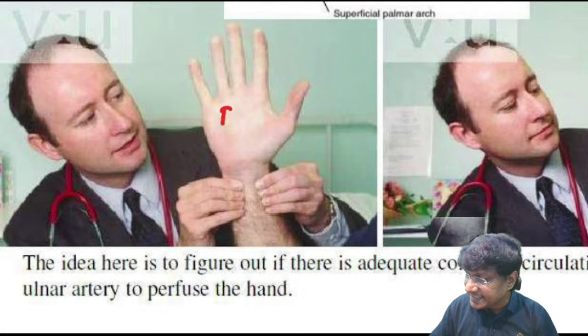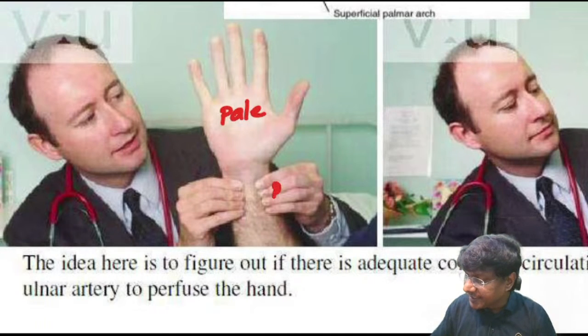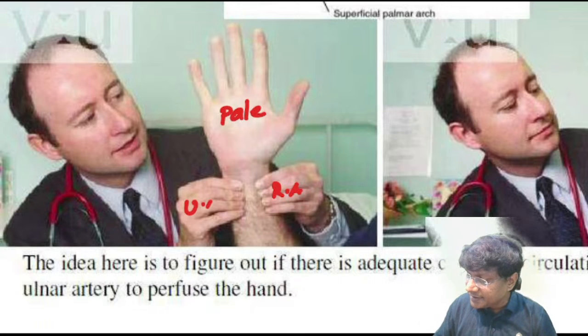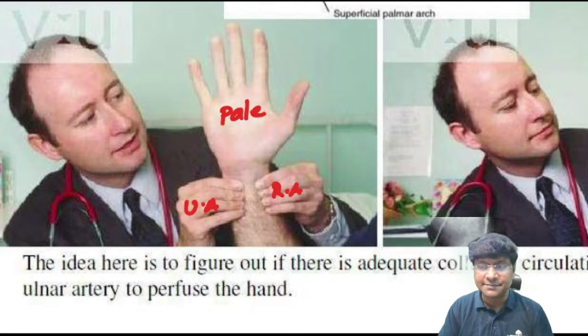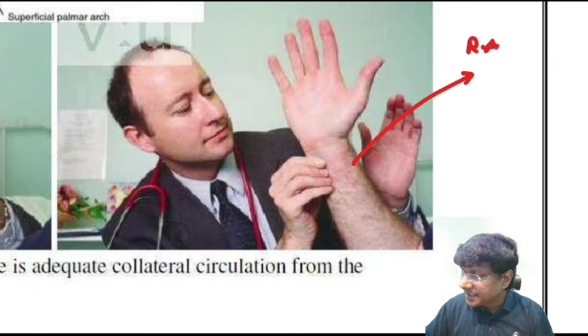You can see that the palm is pale, because both the radial and the ulnar arteries are occluded. Now, you will release the radial artery pressure.